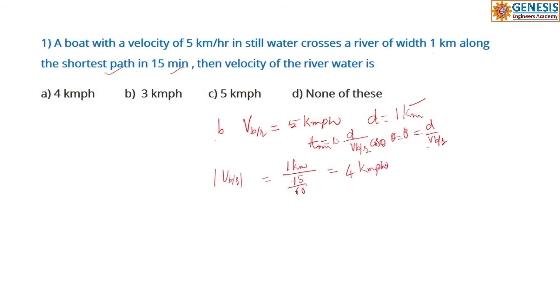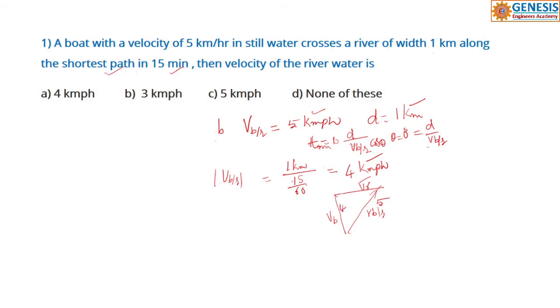So here it is a river, and this is VB, and this is VBR. So this is 5 and this is 4.